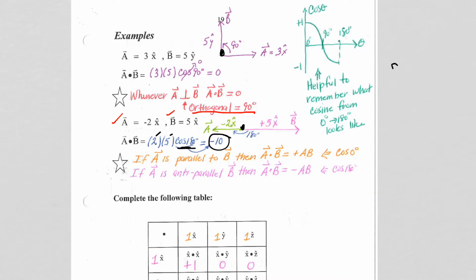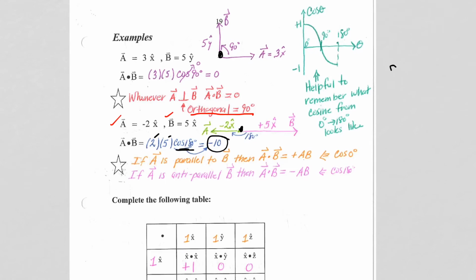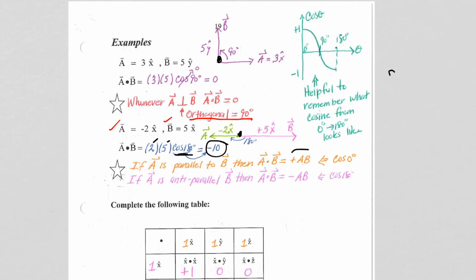If the vectors point in the same direction, so either they both point forward or they both point backwards, then we will get positive AB, because whether they both point forward or both point backwards, you get cosine of 0 as the angle between them. So, two properties for vectors. If they are perpendicular or orthogonal, you get 0.